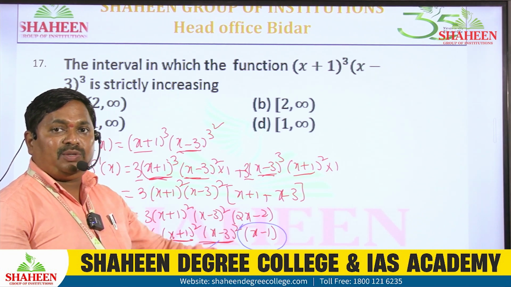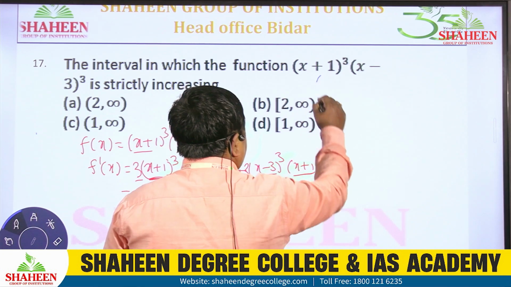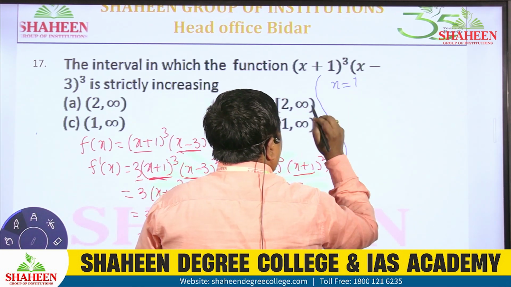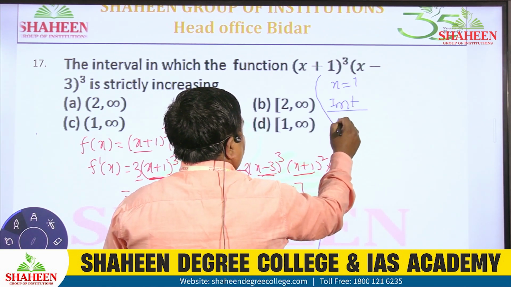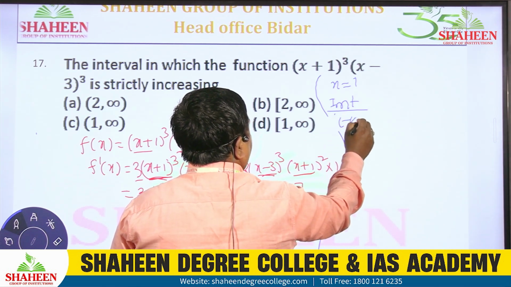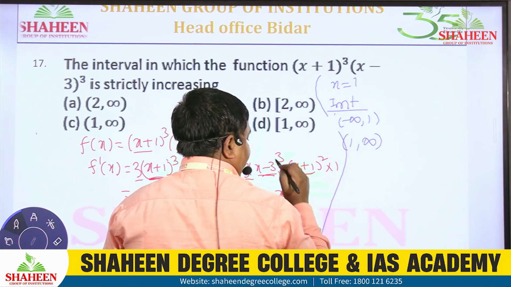If we take x minus 1 equal to 0, we'll get x equal to 1. When we take x equal to 1, there are two intervals. The first interval is minus infinity to 1, and the second interval is 1 to infinity.